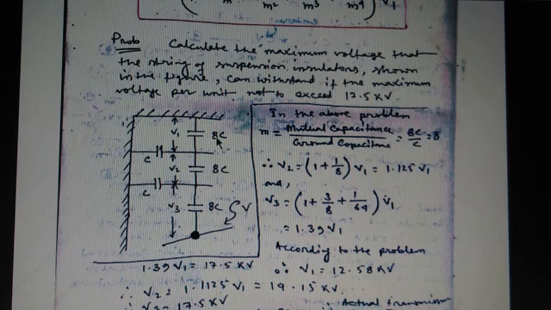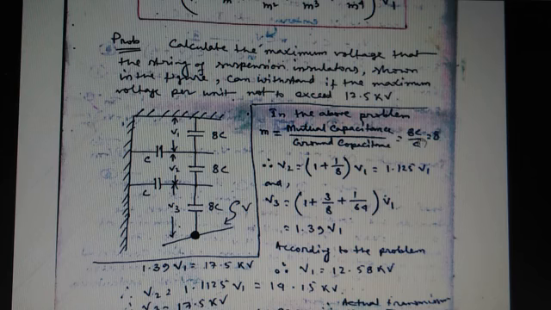The value of mutual capacitance here is 8C, and the shunt or ground capacitances are denoted by C. Now the solution. In the above problem, we already know that M equals mutual capacitance by ground capacitance. So 8C by C, that is 8.